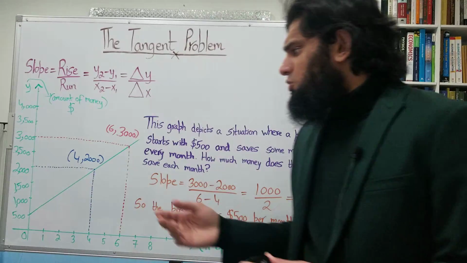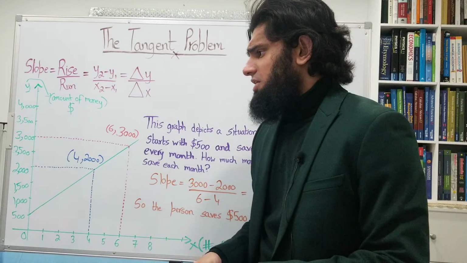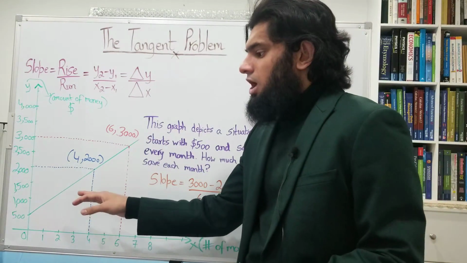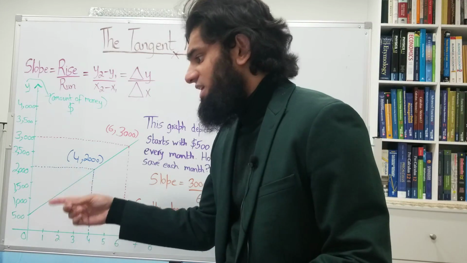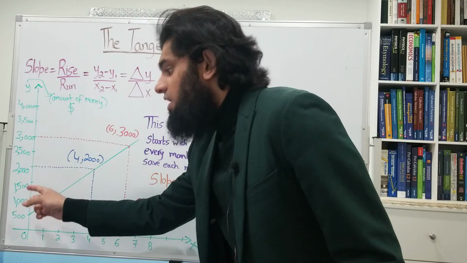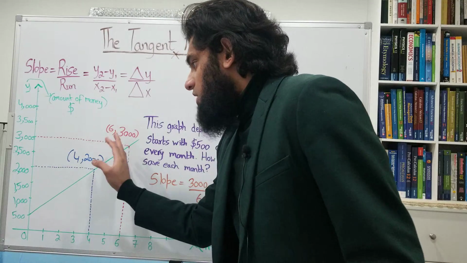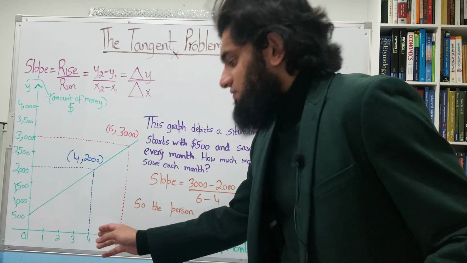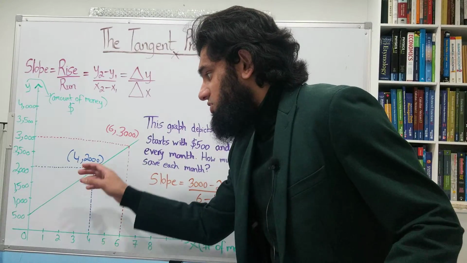So let's look at an example here that I have on the board. In this example, there is a person who is saving a certain amount of money each month, and this person starts with $500 and each month saves a certain amount of money, and so after 6 months this person has $3,000. And after 4 months this person has $2,000 and so on and so forth.